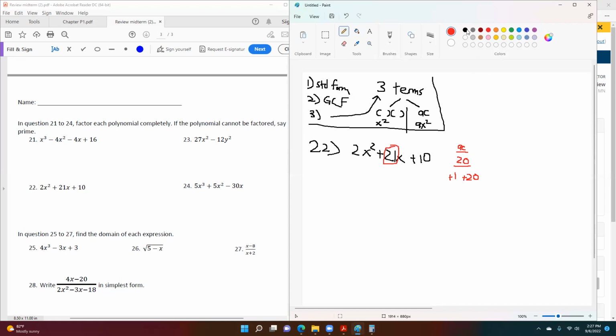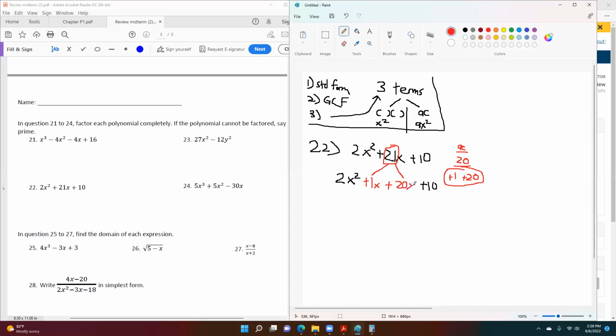So what we do with this AC method is you have to make this become 4 terms, where your 2x squared and your 10 are the same, but this 21x will break into 2 using this pair. Some students ask me, can I switch your 1 and 20 around? The answer is yes.